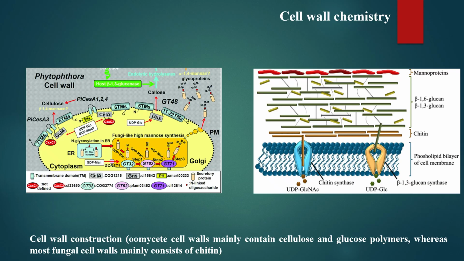However, Phytophthora, like the other Oomycota species, have cell walls composed mainly of cellulose and beta-glucans, especially glucose polymers. And this is more similar to the cell wall structure of plants and algae than to that of fungi.